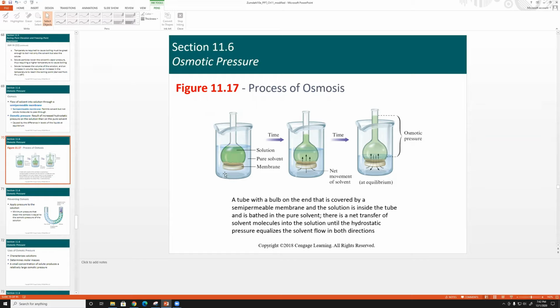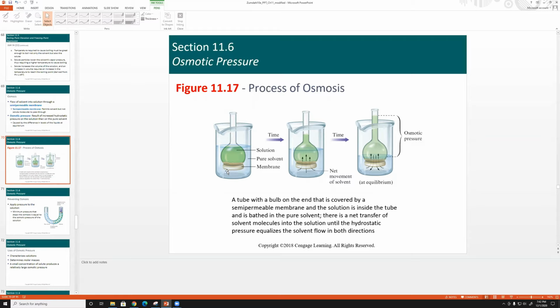What will happen is there will be a pressure imbalance based on the presence of the solution. Because the solution is of higher concentration and the solvent has no solute concentration, the solvent would want to move from low concentration to high concentration in order to equilibrate those concentrations.